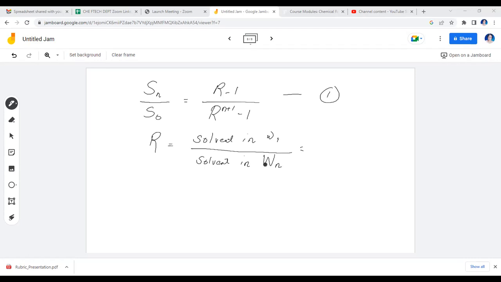Okay. So your R will be based on the formula: solvent in the concentrated wash liquor over solvent present in the solution leaving the nth thickener. So this is one of the 3 formulas. We'll have this as 200 divided by 50. Where is that coming from?